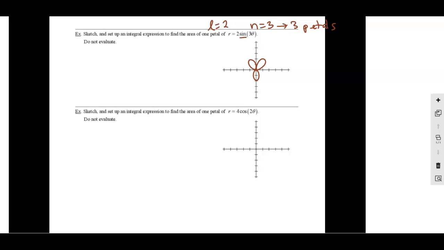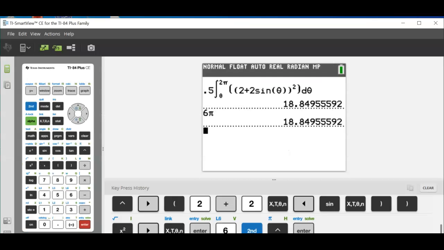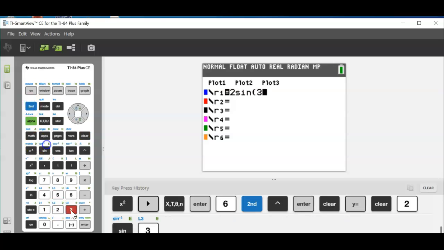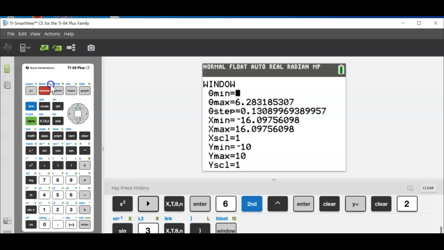Let's go look at the calculator just to make sure. I always like to watch the order in which it goes also. So I'm going to go type this in. We've got 2 sine 3 theta. Close that. I'm going to go change my theta step. Let's try this.